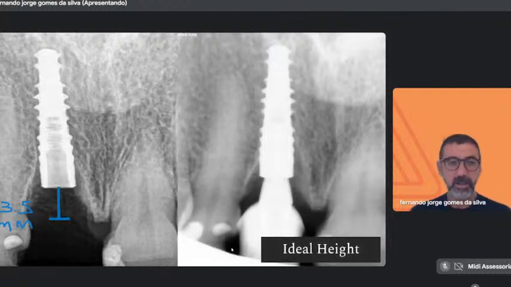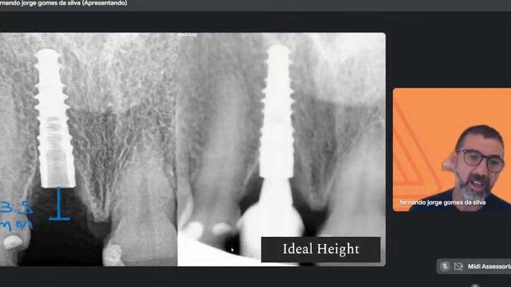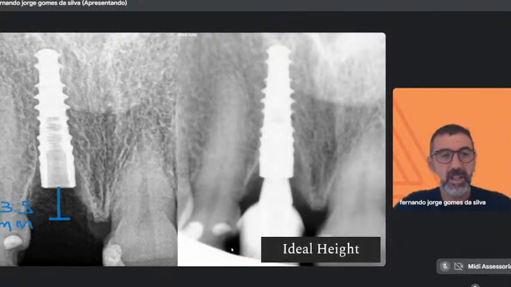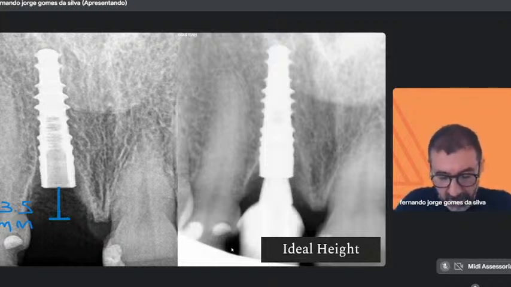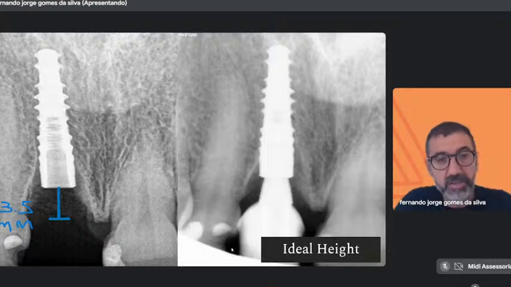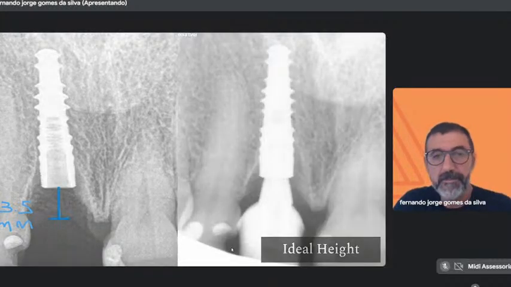This is an example of the ideal height of our implant. We have 3.5 millimeters from the implant connection to the gingival margin. This is the final restoration already.